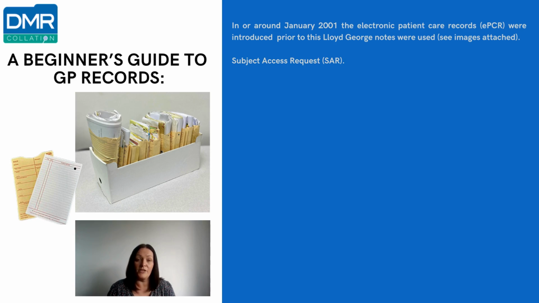In some situations, these Lloyd George records have already been transcribed into the electronic patient care record, so the earlier paper records won't be disclosed. The electronic patient care record is normally provided electronically as a page-numbered PDF file. Once received, we advise that you double-check that all the pages of the electronic patient care record have been disclosed, as every now and then we will find that some pages are missing.